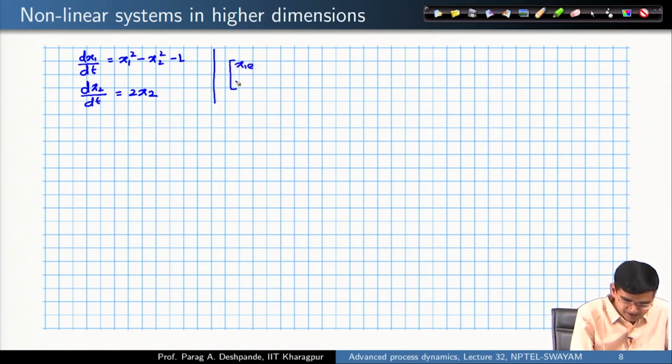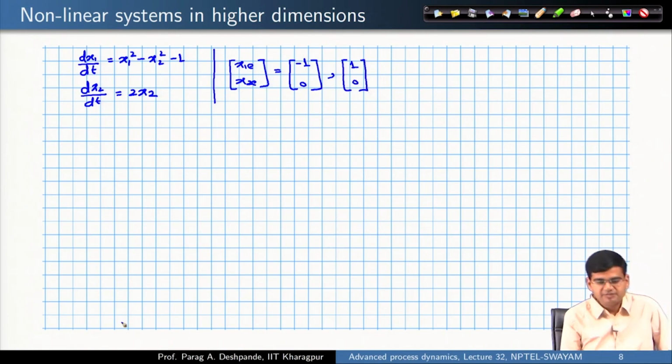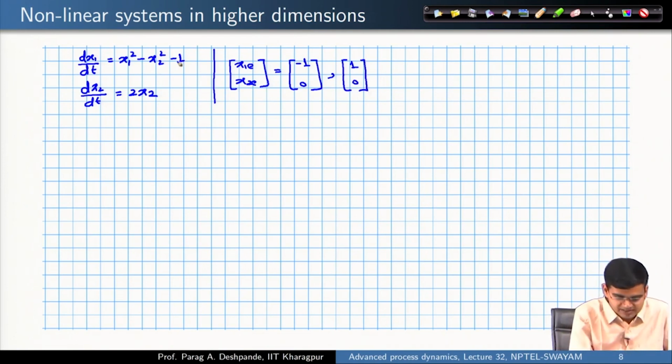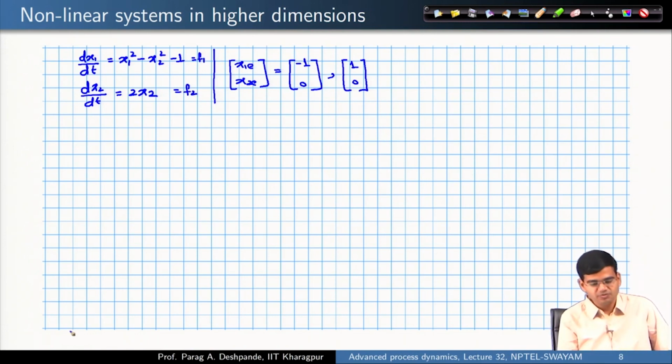Okay. So, now what I need to do, and I had the equilibrium, x 1 equilibrium, x 2 equilibrium is minus 1 0 and 1 0. So, let me assign this as f 1 and f 2. I will determine the Jacobian.